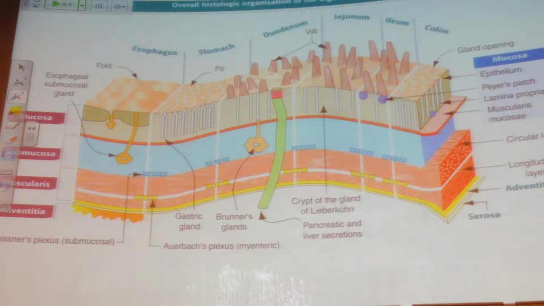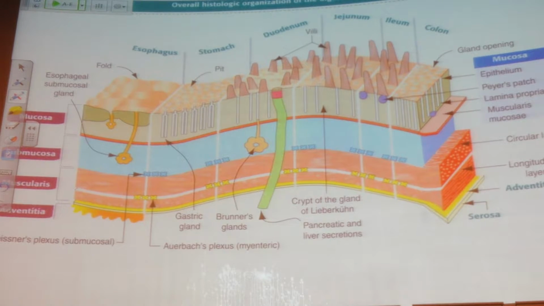Okay, if you take a look at this diagram, you will see that throughout the GI tract, all these different layers are preserved, but they have different features. For example, what does the stomach do?